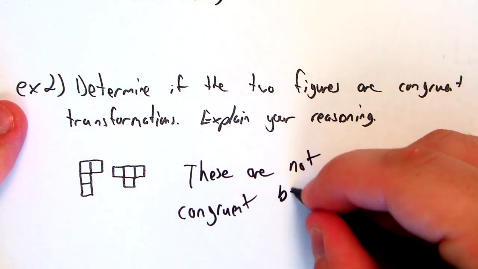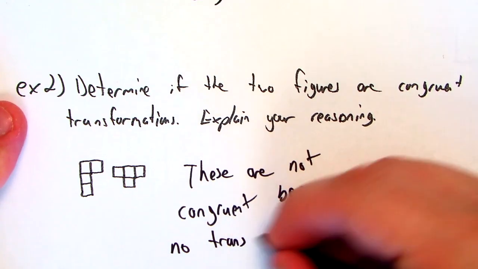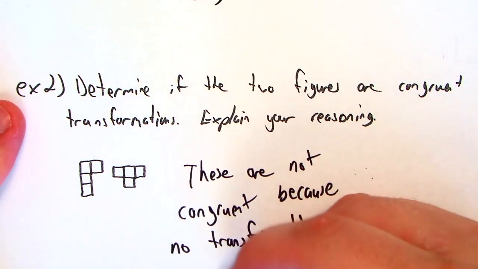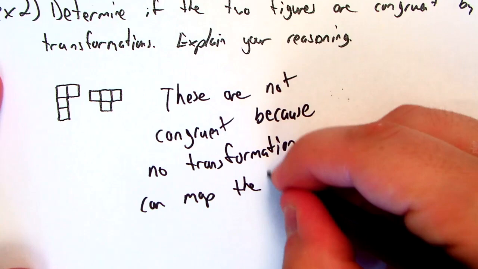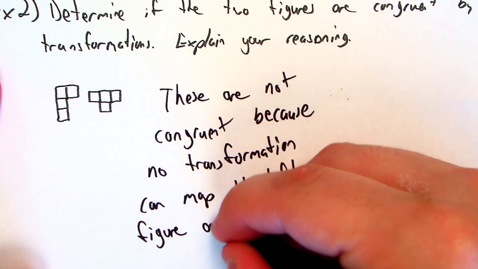Because no transformation can map the left figure onto the right figure.